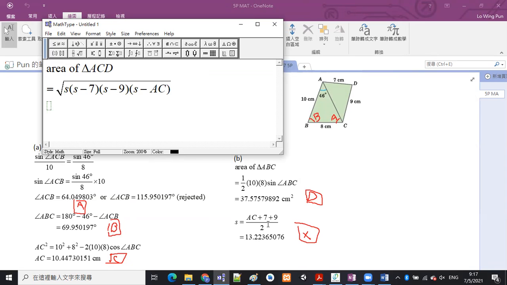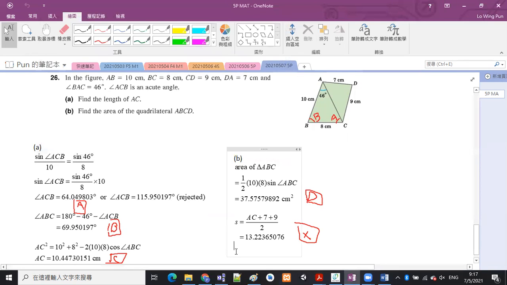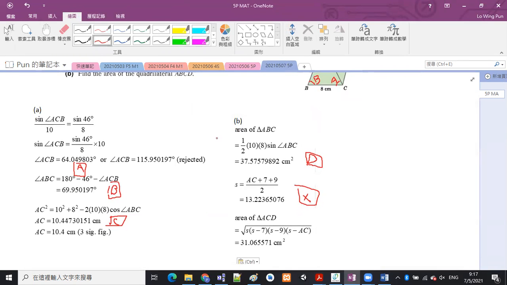Okay, the S will be memory X, and then AC will be memory C. So X times bracket X minus 7 times bracket X minus 9 times X minus C. And then take square root, should be 31 point something. Okay, and again, this is not the final answer. So store this to memory Y.